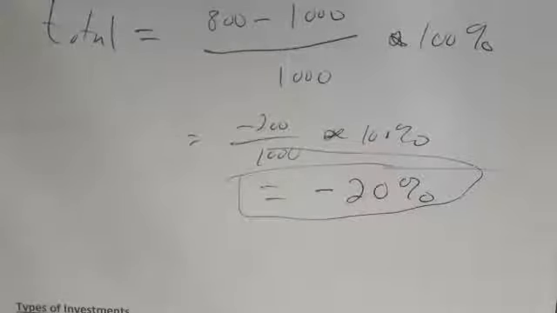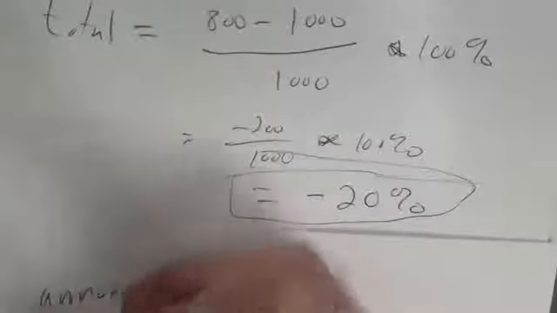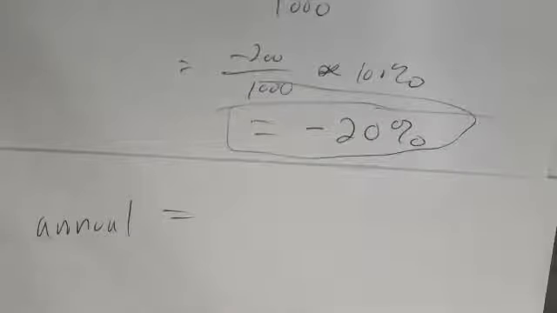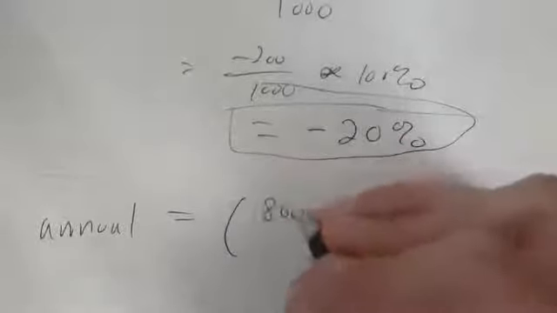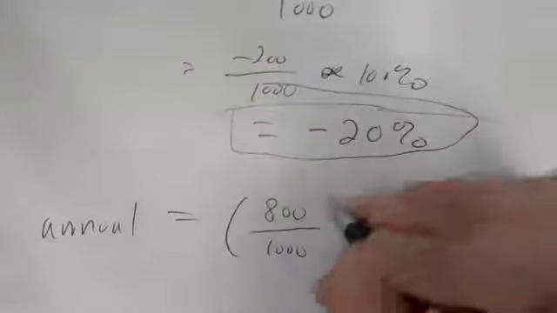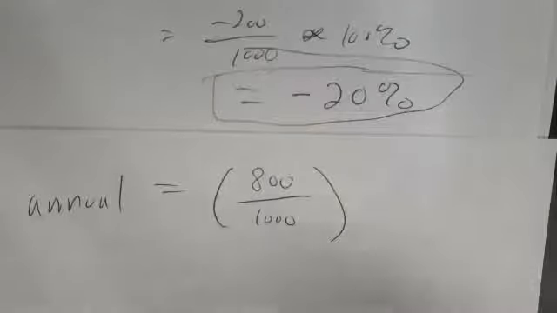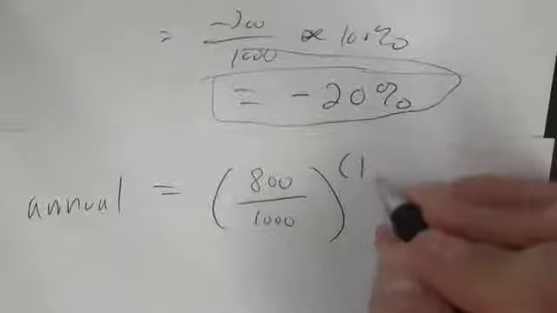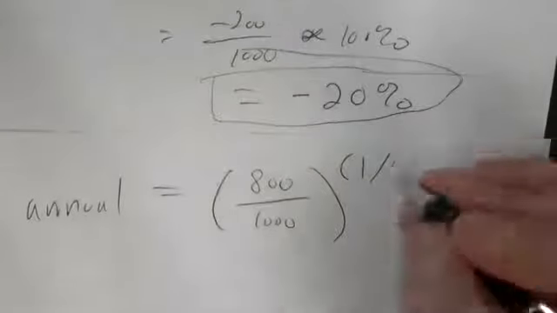The next thing is the annual return. Look back at that formula for your annual return. I'm not expecting you to memorize formulas. I want my A over my P, my accumulated amount over my principal. So now we have 800 over 1,000, and I'm raising this to the 1 over y. How many years am I going on this thing? They went for 4 years.